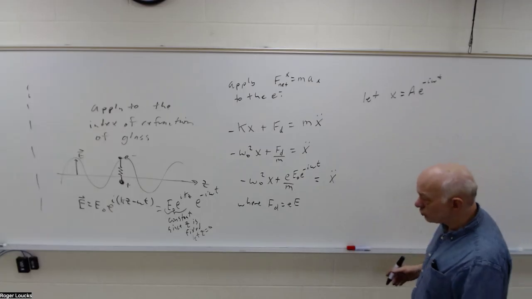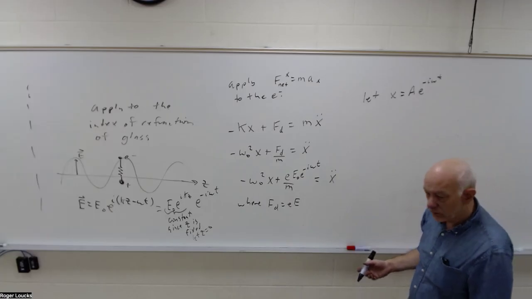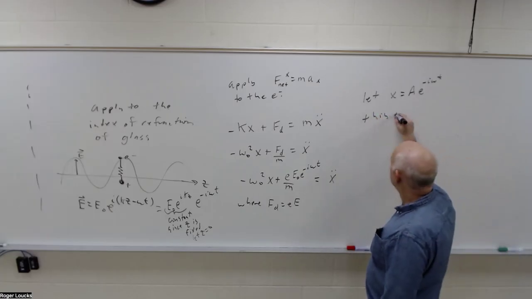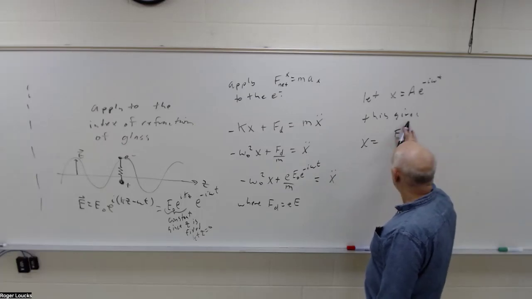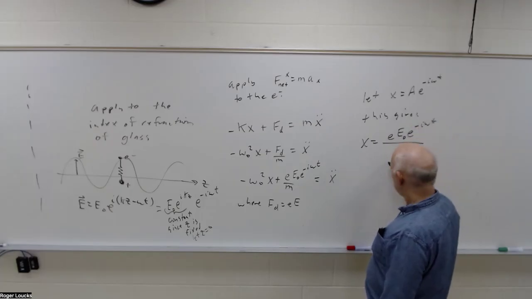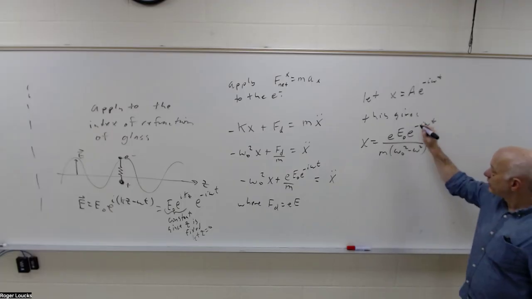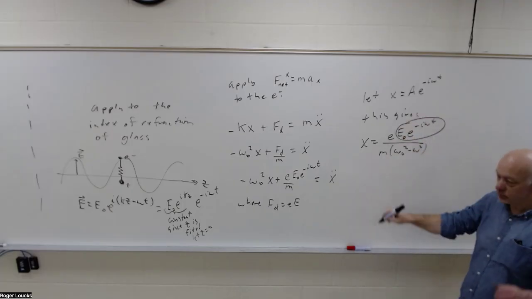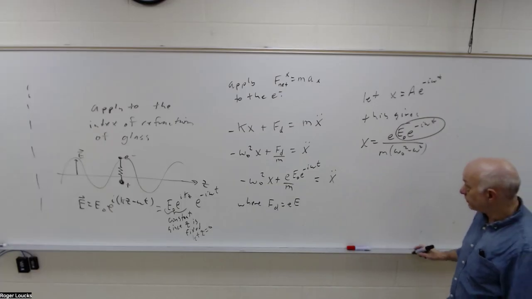Got everything in we had before. Do you mind if I just jump to the answer? You okay with that? So this gives x equals q E naught e to the minus i omega t over m times omega naught squared minus omega squared. What is this right here? That's my electric field.